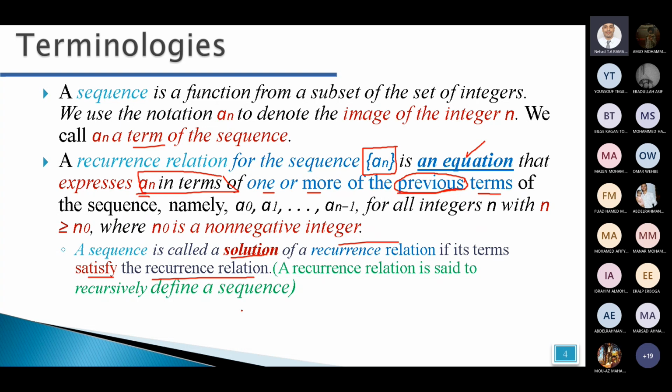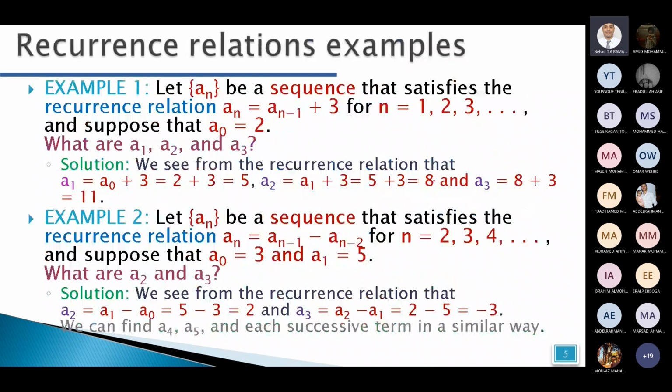Or the other way around, the recurrence relation is the recursive definition of the sequence that helps you get any term of that sequence. So first of all, let's take some examples of recurrence relations.